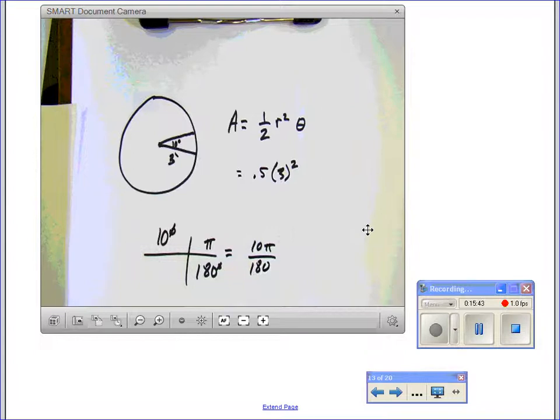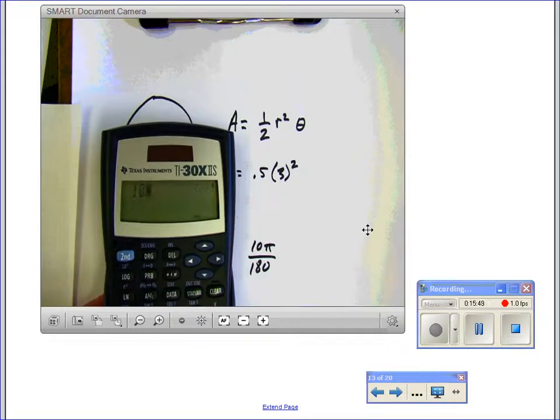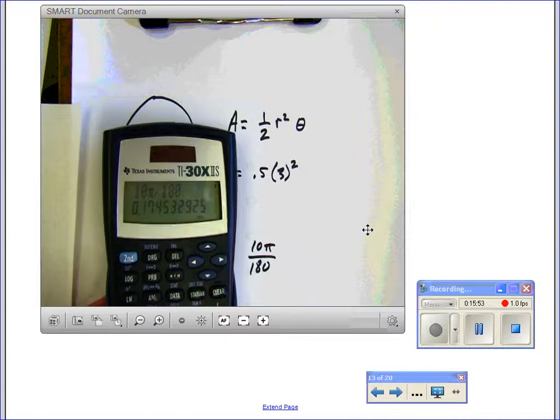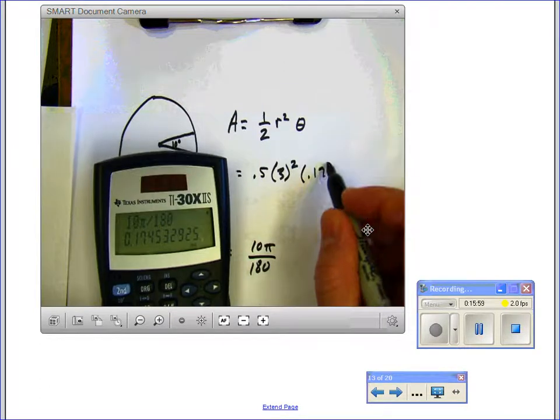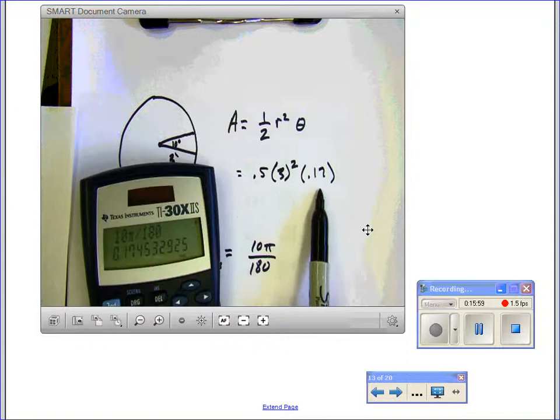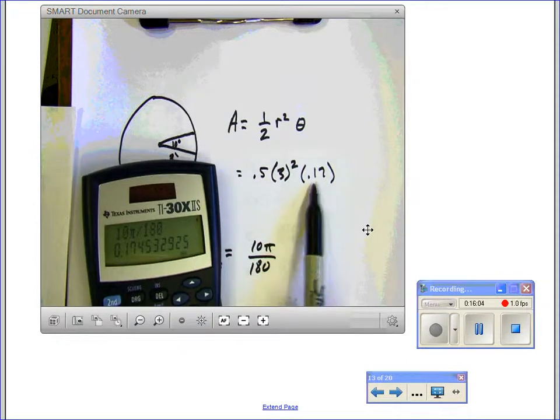Now, you don't have to give it in terms of pi. Let's just calculate it on the calculator. What is 10 pi divided by 180? So about 0.17. Now, when I push this in on my calculator, we're going to bring up all the decimal places. We're going to use the answer function.